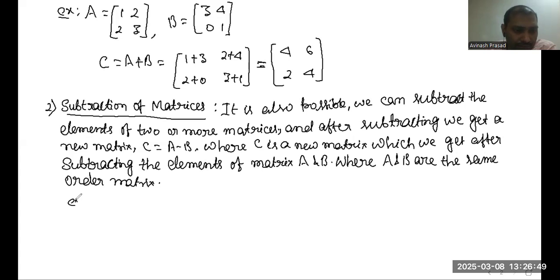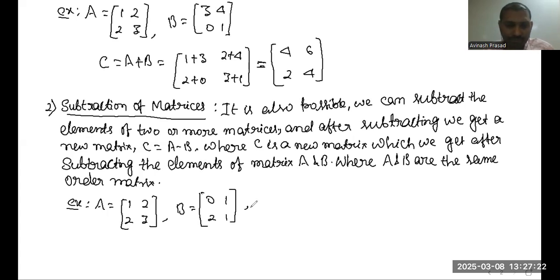For example, if A is a matrix with elements 1, 2, 2, 3, and B is another matrix whose elements are 0, 1, 2, 1, then after subtracting them we get a new matrix C whose elements are 1 minus 0, 2 minus 2, 2 minus 1, 3 minus 1.